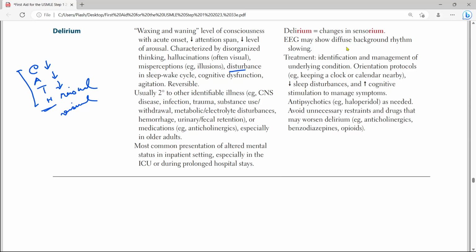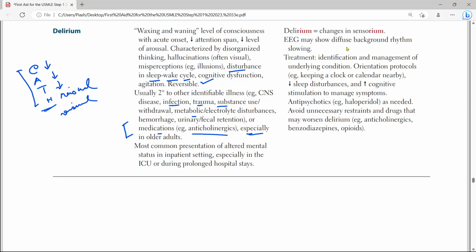It is characterized by disturbance in the sleep-wake cycle and cognitive dysfunction, and it is actually reversible. Usually secondary to an identifiable illness: CNS disease, infection, trauma, substance abuse or withdrawal, metabolic or electrolyte imbalance, hemorrhage, urinary or fecal retention, or medication like anticholinergics, especially in the older adult, it can cause delirium.